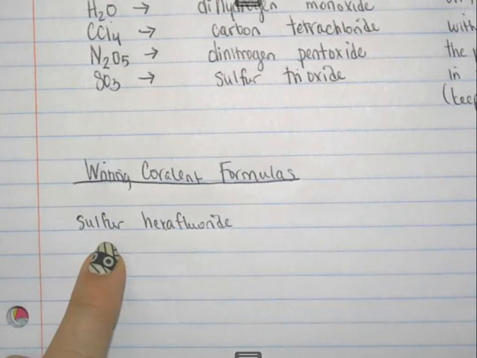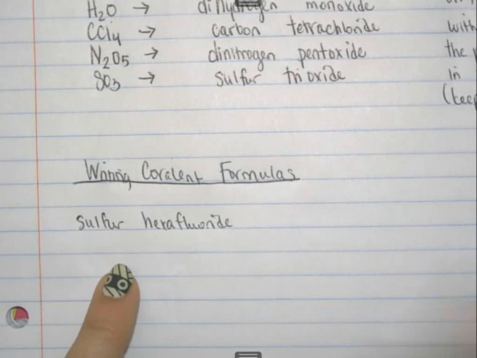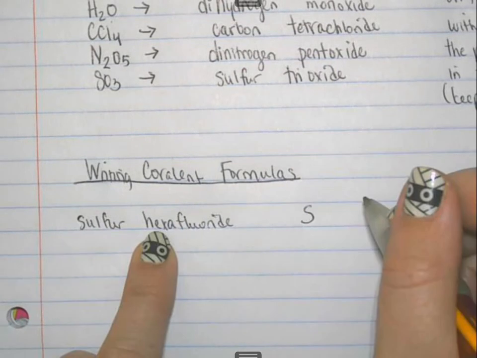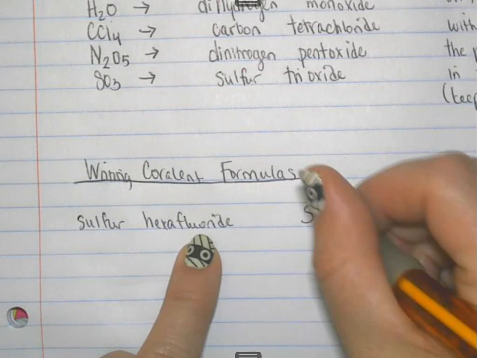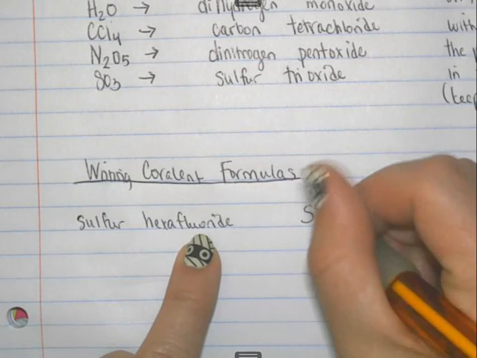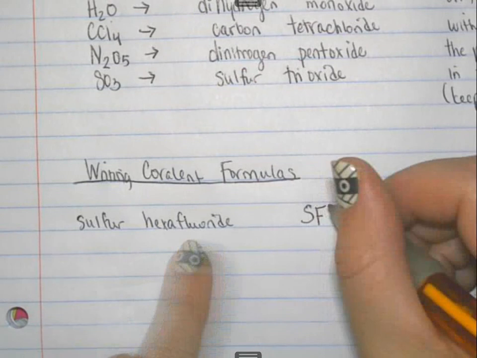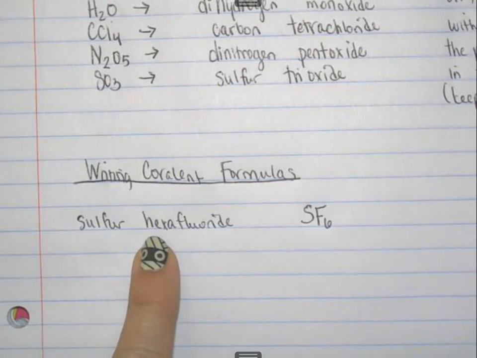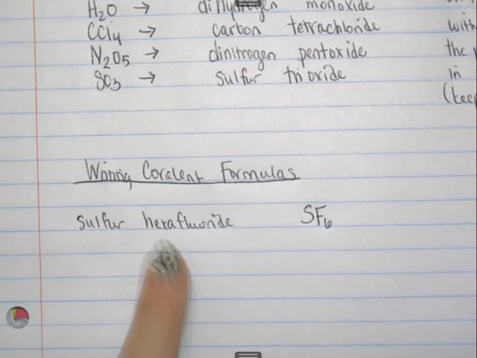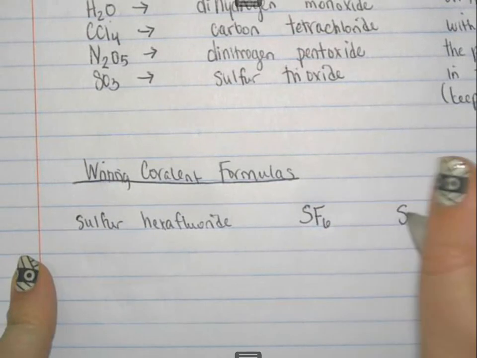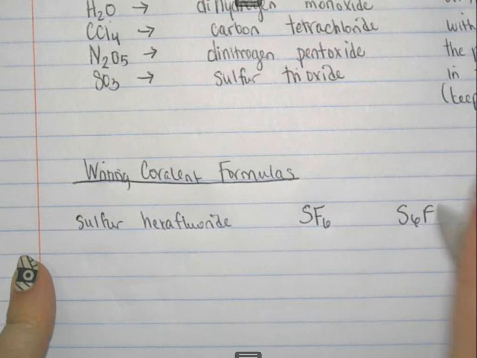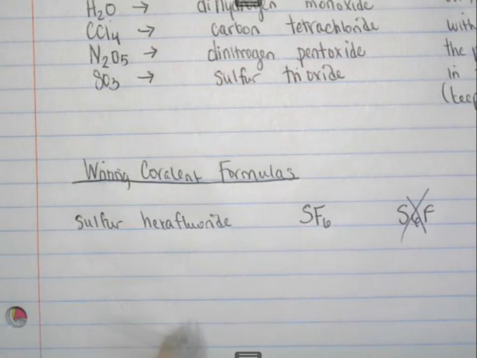S. Hexa. 6. Fluoride. F. So S, no, it's not FL. Oh. SF6. The only thing that I find to be odd about it is that the prefix goes first, but the number goes last. So don't flip that around. Do not write S6F. The prefix goes with the thing it's with in the formula.